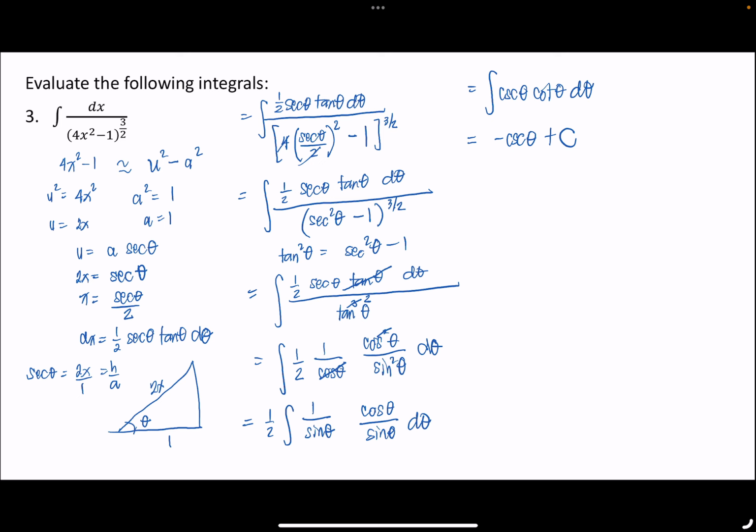The adjacent is 1. So we have here the square root of 4x squared minus 1. Observe that it is the term that we were considering earlier. So cosecant is hypotenuse over opposite. So negative hypotenuse 2x over square root of 4x squared minus 1 plus c. And this is our integral.